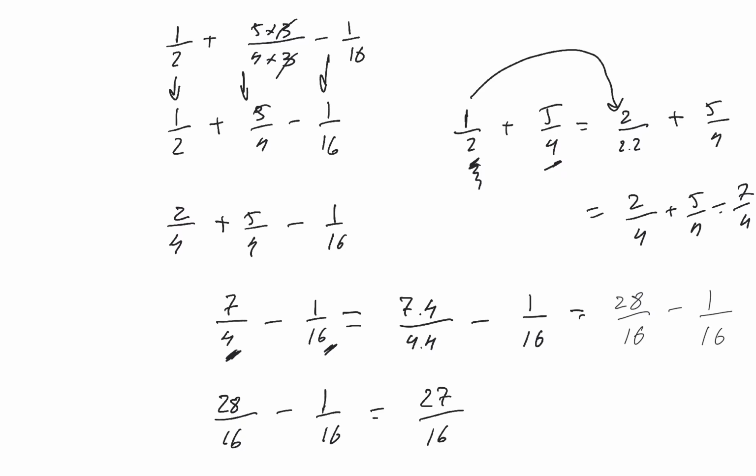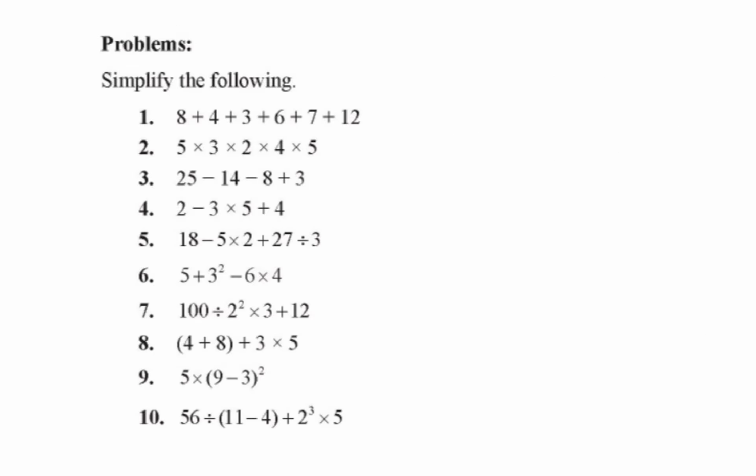Now I can subtract because they have the same denominator. And 28 minus 1 is 27 divided by 16, and this is the final result. So let's do the next problem.